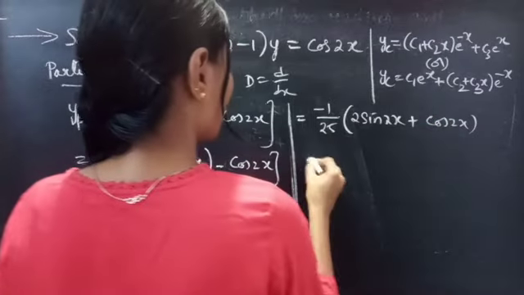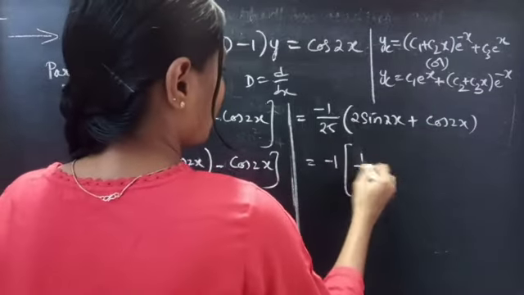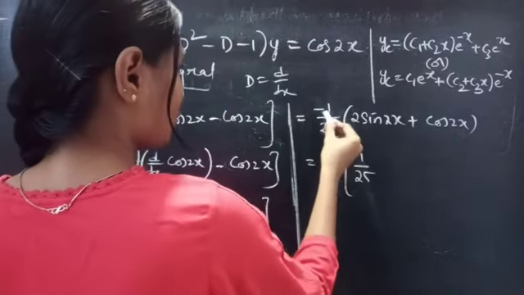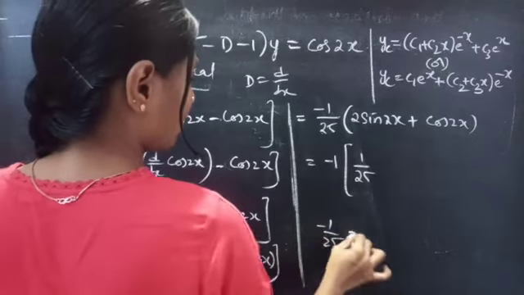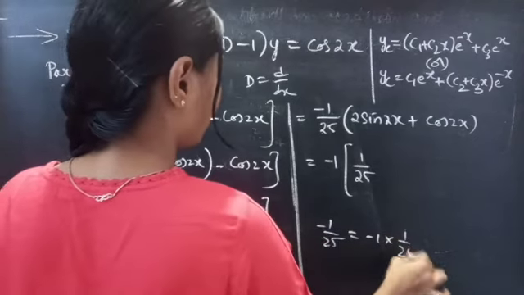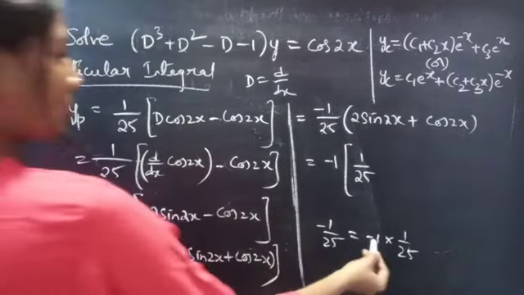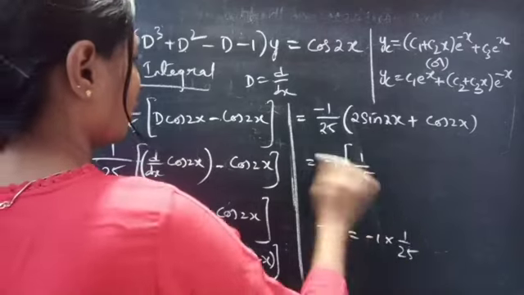You can split minus 1 by 25 as minus 1 into 1 by 25 for our convenience.